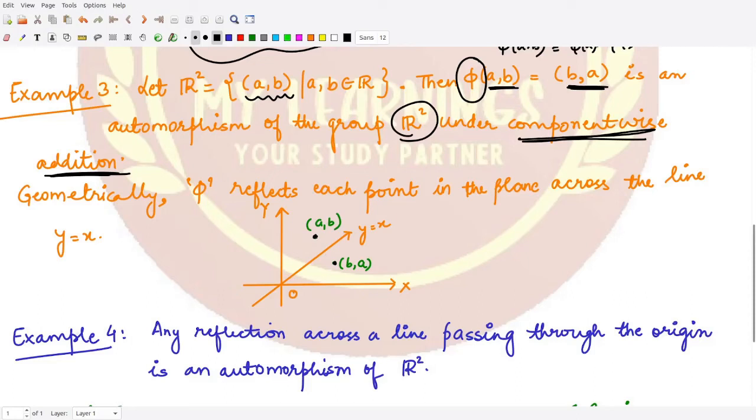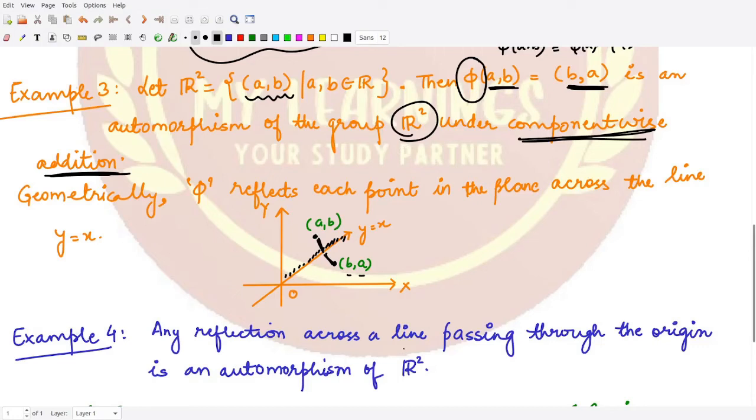You see this point is reflected onto the line y equals x, such that we have a different point (b, a) at the same distance from the line. So geometrically the mapping phi reflects each point in the plane across the line y equals x. This mapping phi forms an automorphism.